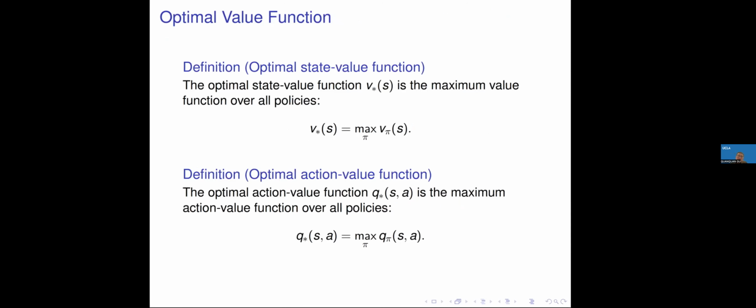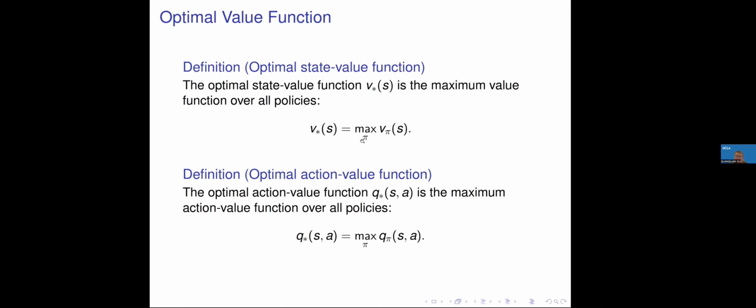Since we defined the value function by following policy pi, we can also define the optimal value function. The optimal value function is the value function if you do maximization over the policy pi. So you can see that this V star of s is the maximum value at state s by maximizing over all possible policies.